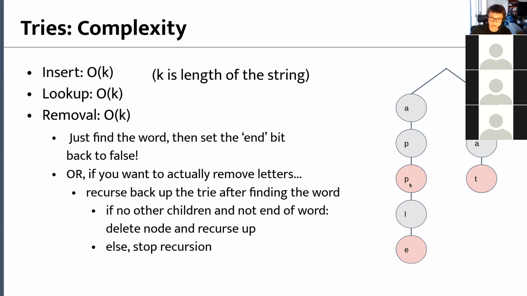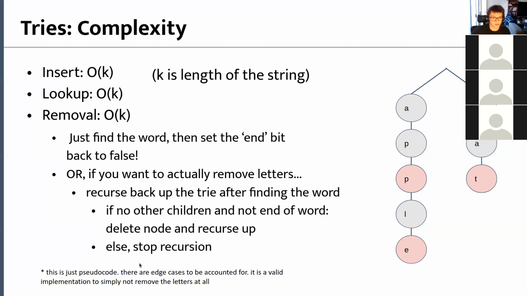Then we check P. Does P have any other children? No, it does not. It only had L. Is P the end of the word? Yes, P is the end of the word, so we cannot delete P, and thus our recursion is done and we've removed it. Either way, though, at worst, this is going to take O of K to go down the tree, and then at worst, it'll take O of K to go back up the tree to do this recursion, so this is still O of K.